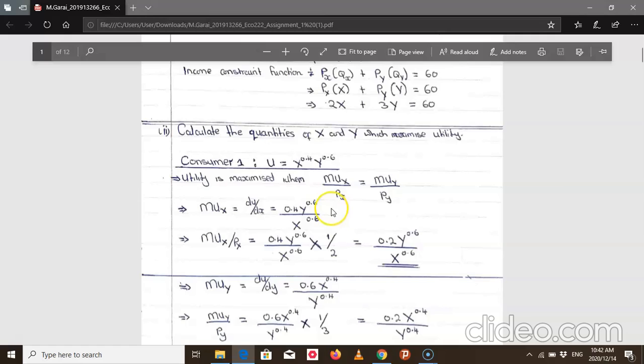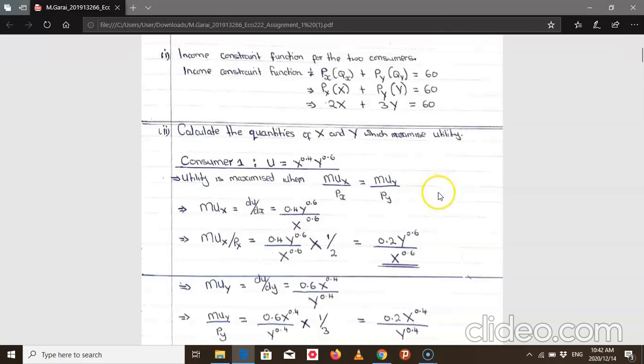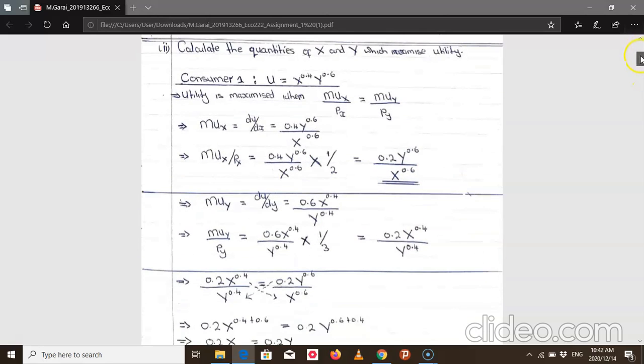It's just like times x to the power negative 0.6, because anything to the power negative is 1 over something to the positive power, right? Then we divide by the price of x, which is 2. If we divide, this means we invert, right? Because this is a fraction, so we multiply by 1 over 2. So we get 0.2 y to the power 0.6 over x to the power 0.6.